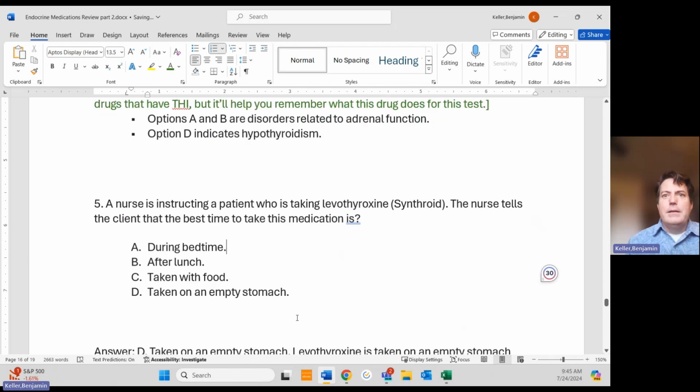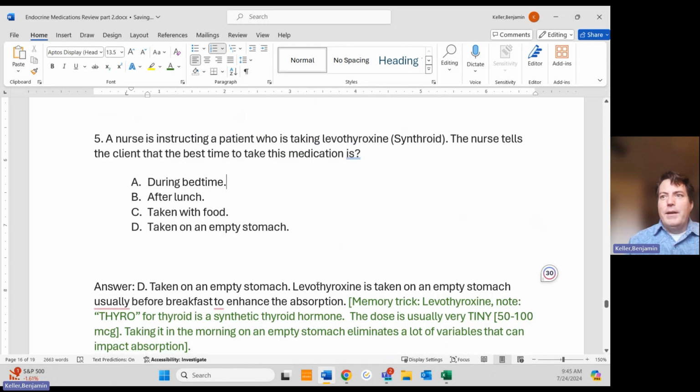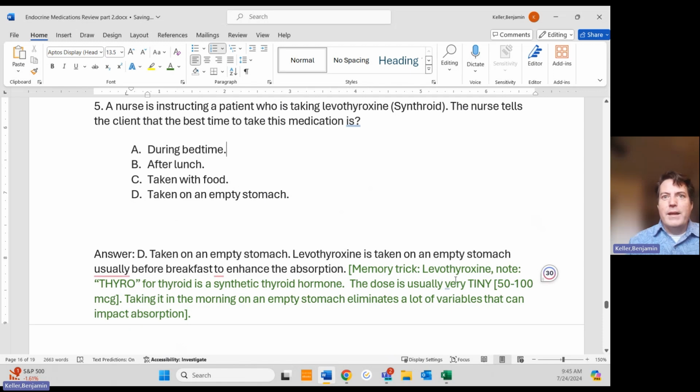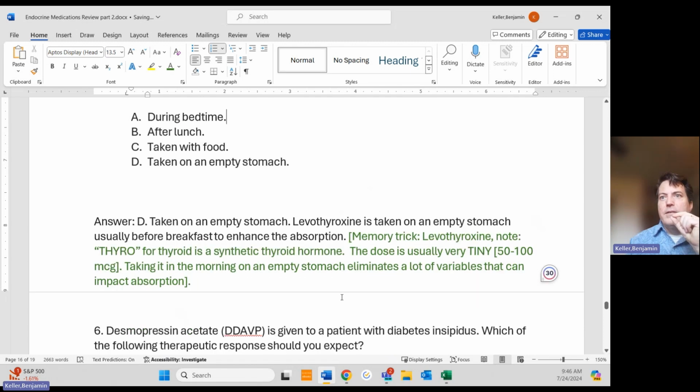Empty stomach. It's always best to take it on an empty stomach, and usually before breakfast to enhance absorption. And so the memory trick: it's thyroid for thyroid, and it's synthetic thyroid hormone. But it's tiny, again, 50 to like 100 micrograms. And so if it's in the morning on an empty stomach, it eliminates a lot of variables that impact absorption.